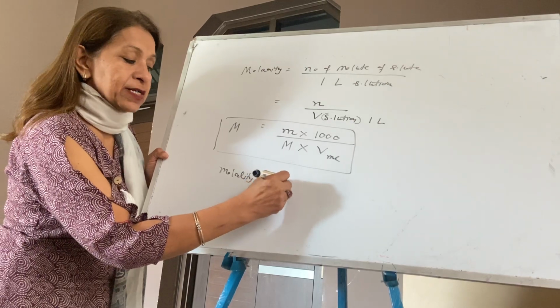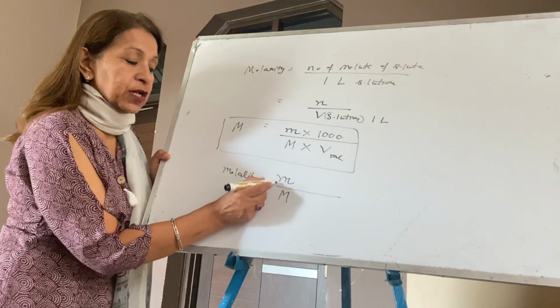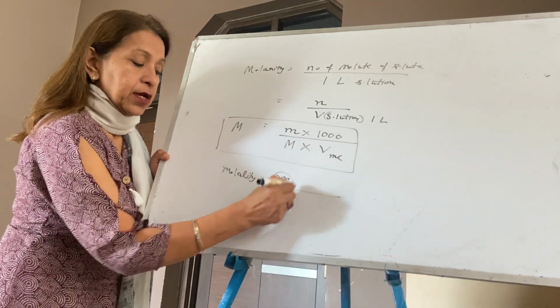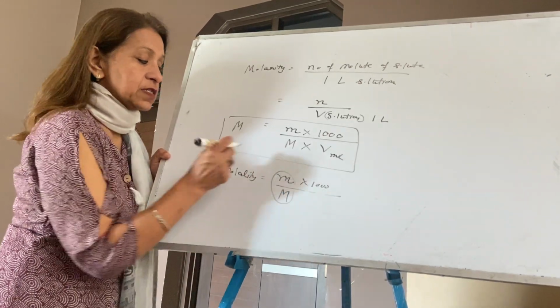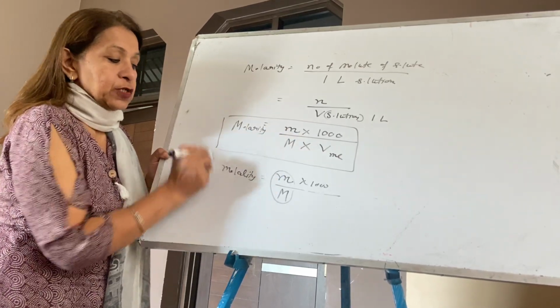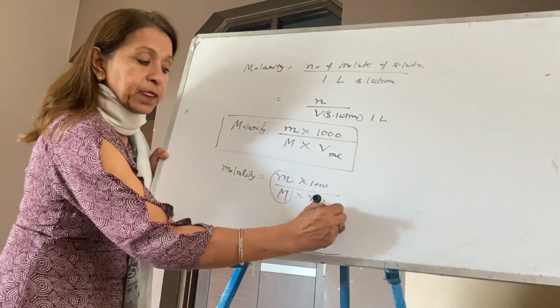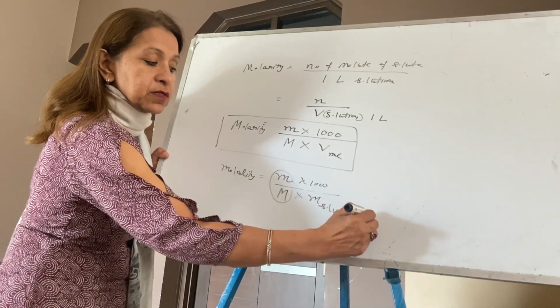Molality is mass of solute by capital M, that is moles of solute, into 1000, divided by mass of solvent in grams.